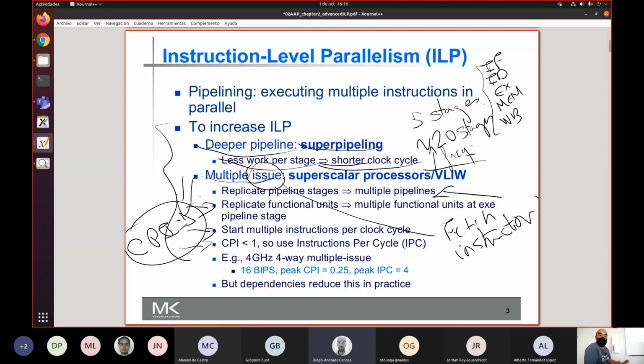But obviously, if we are able to execute several instructions at the same time, or issue several instructions at the same time, we are able, theoretically, to achieve a CPI that can be clearly smaller than 1.